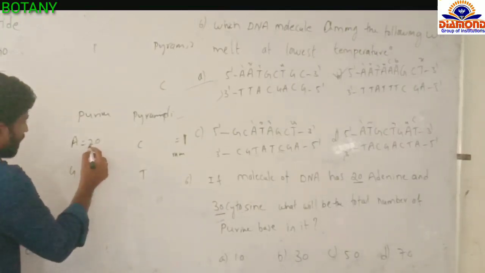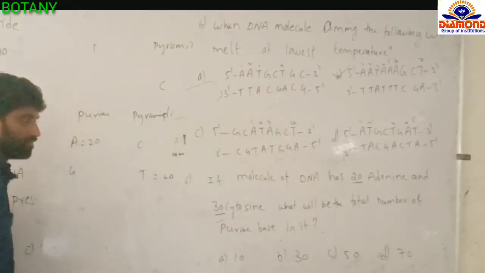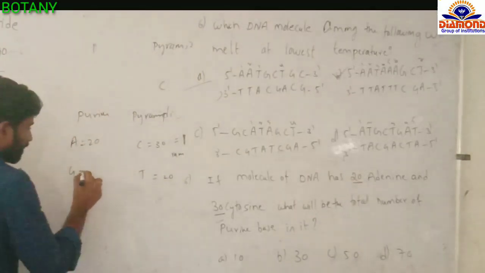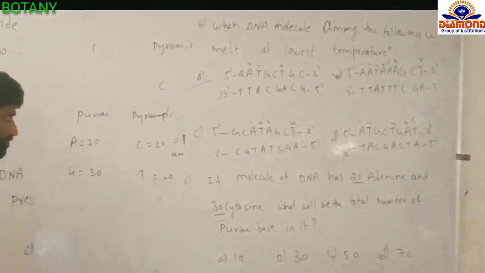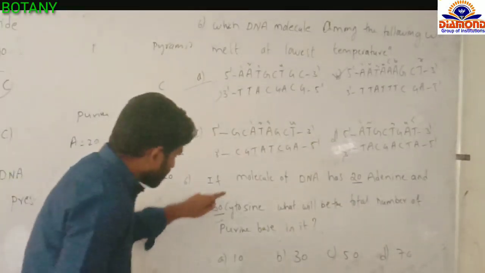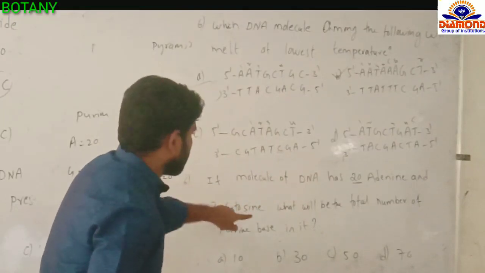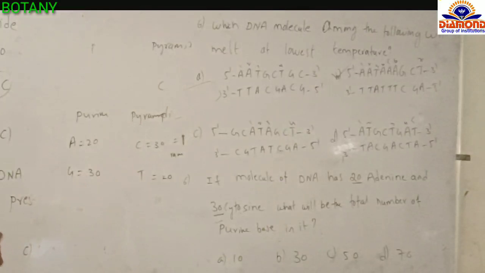Adenine is 20, which means thymine will also be 20, and cytosine is given as 30, which means the number of cytosines equals the number of guanines. Now the question asks the number of purines.